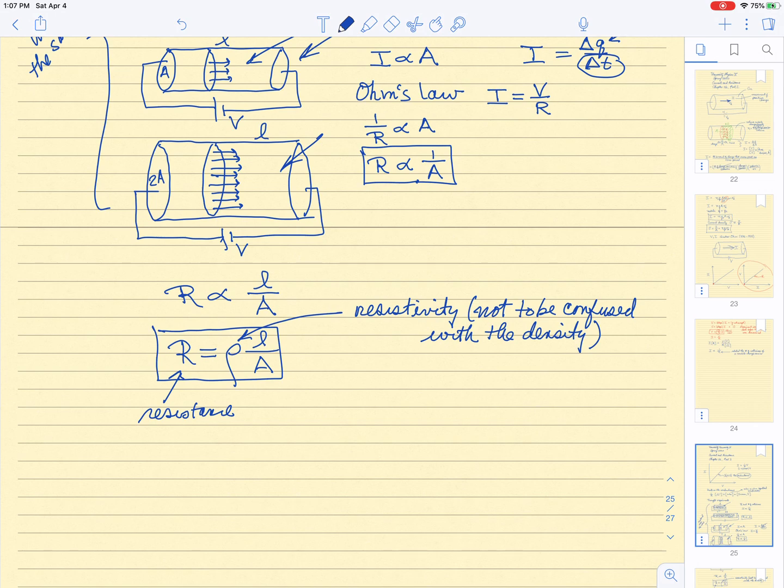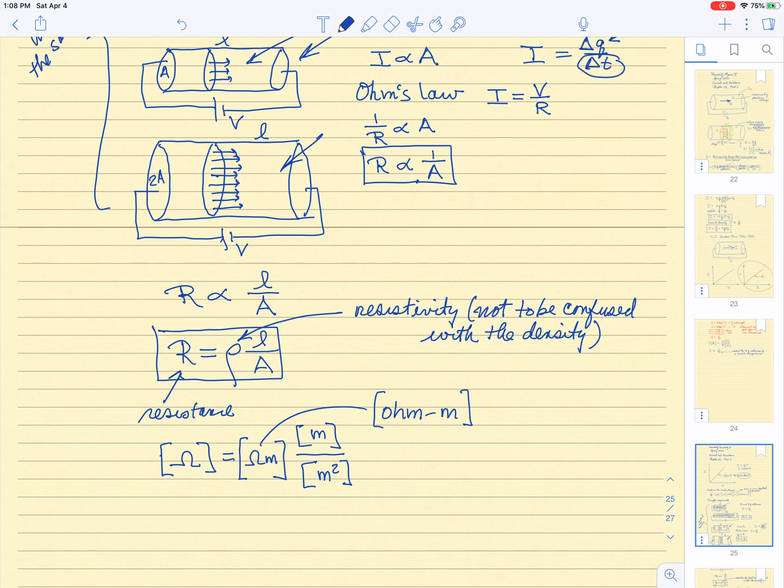So let's look at the units on this. So the units on the resistance are ohms. The units on length are meters. The units on area are meters squared, which means that the units on the resistivity must be ohm meters, not ohms per meter, but ohm meter, okay?